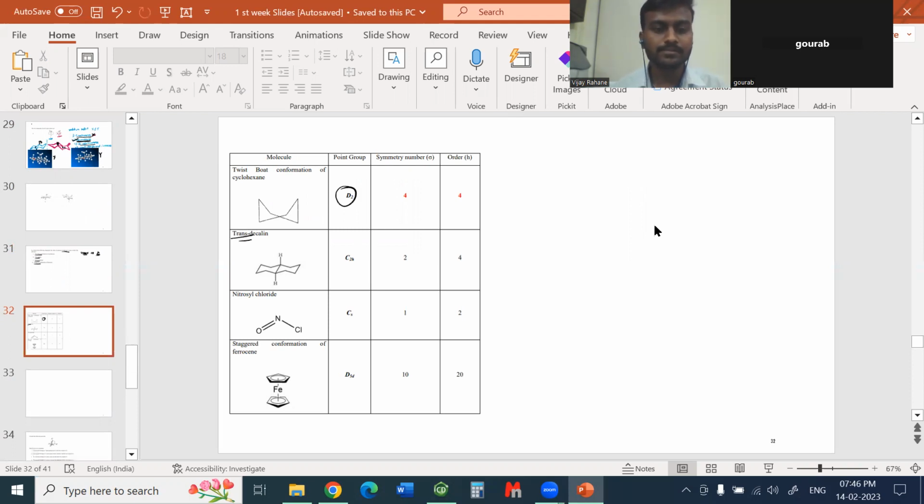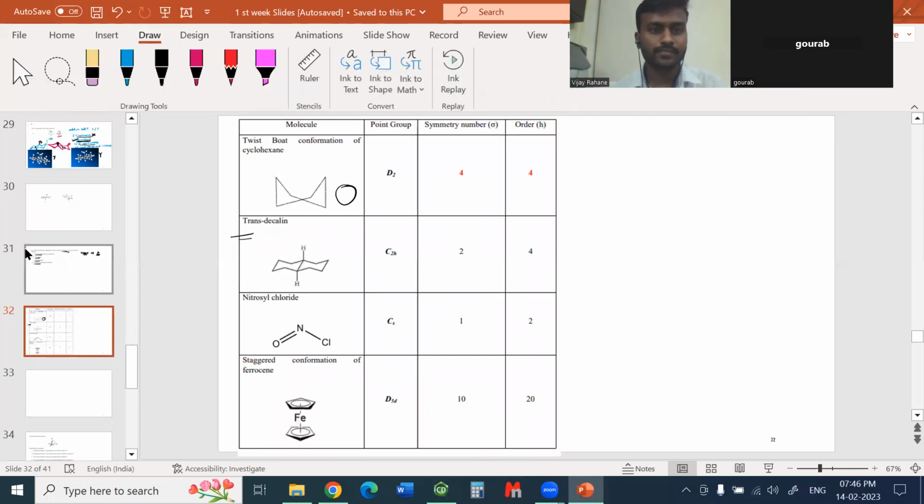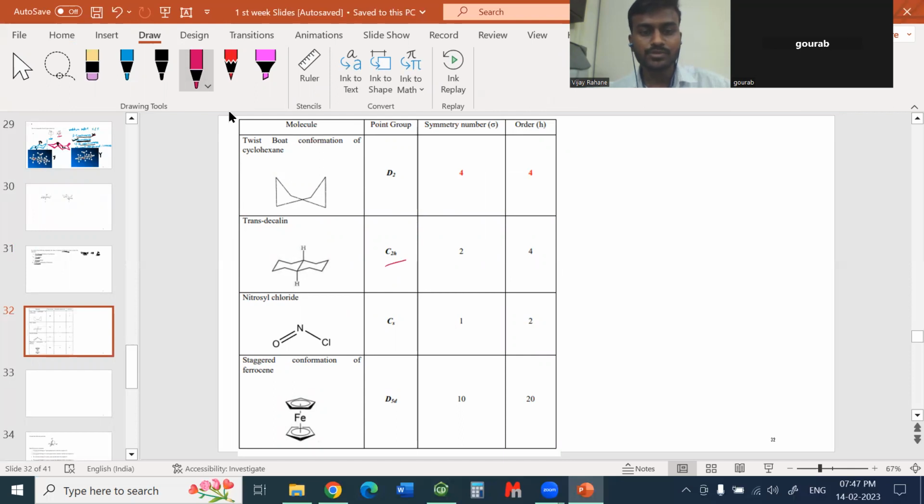Similarly, this is the trans-decalin system, and this molecule belongs to C2h. Nitrosyl chloride has only one plane, so this molecule belongs to the Cs point group.